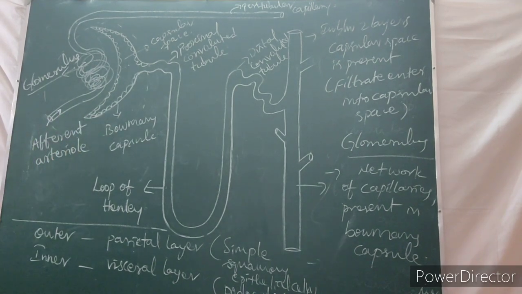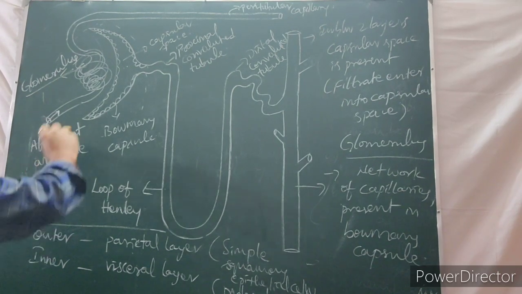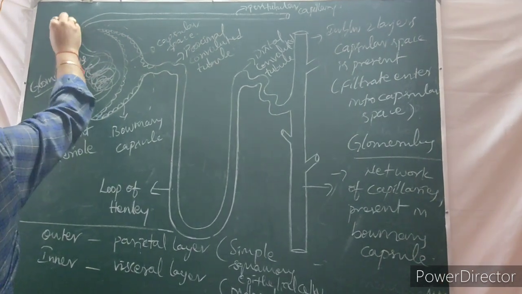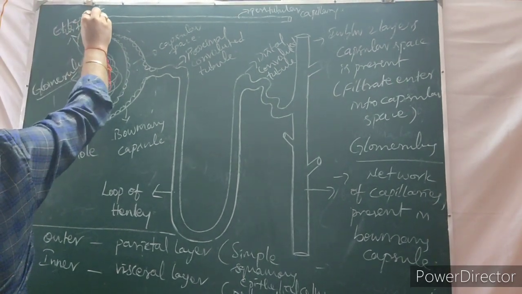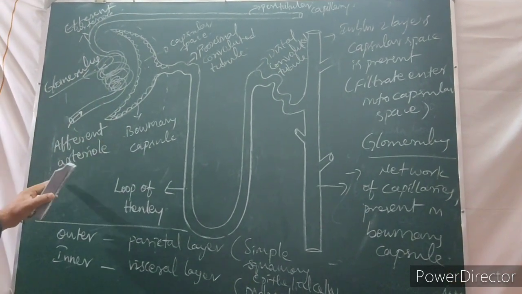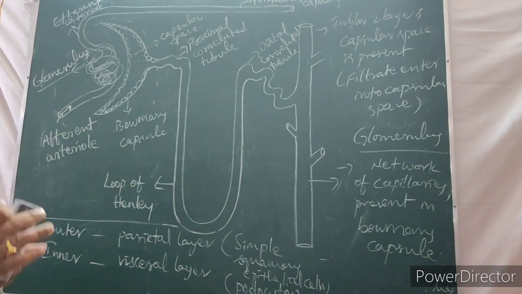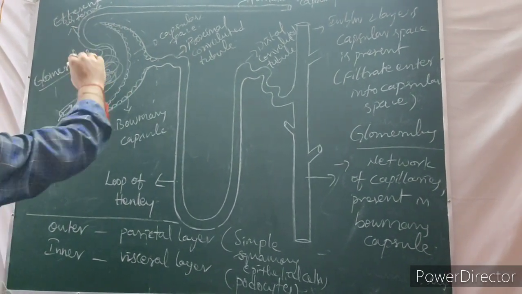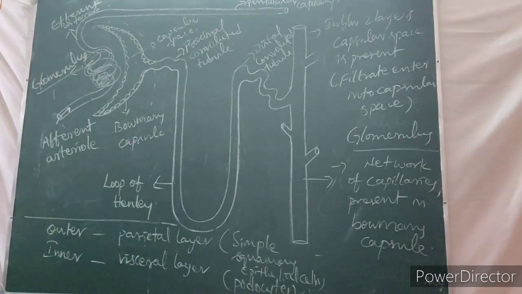In the glomerulus, two important blood vessels are there: one is the afferent arteriole, another one is the efferent arteriole. What is the importance of the afferent and efferent arterioles? The afferent arteriole carries the blood into the network of capillaries, the glomerulus. The efferent arteriole brings the blood out from the glomerulus and supplies it to the peritubular capillary.